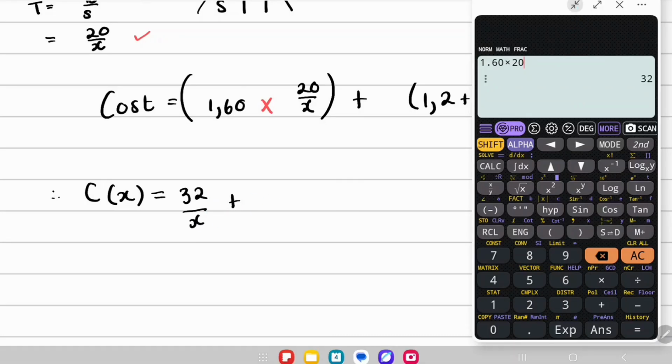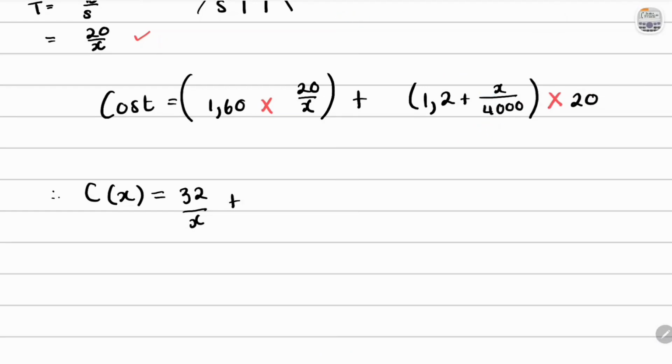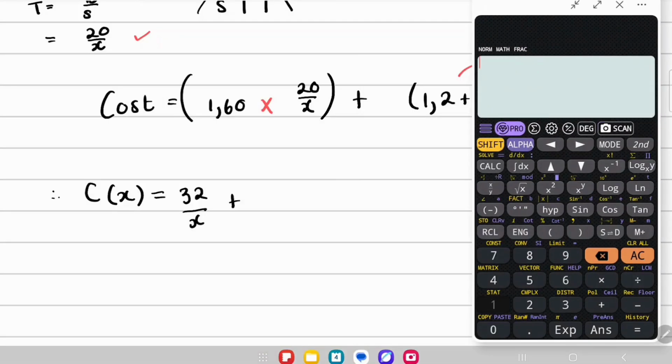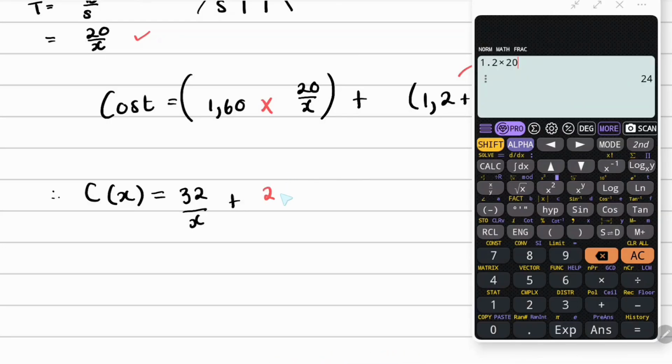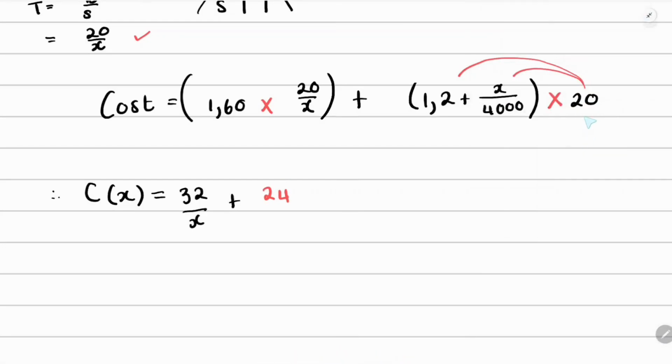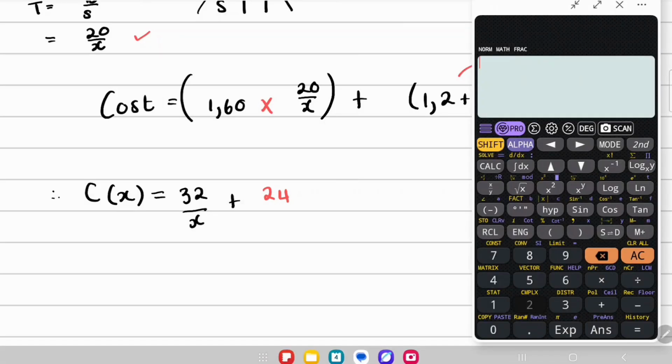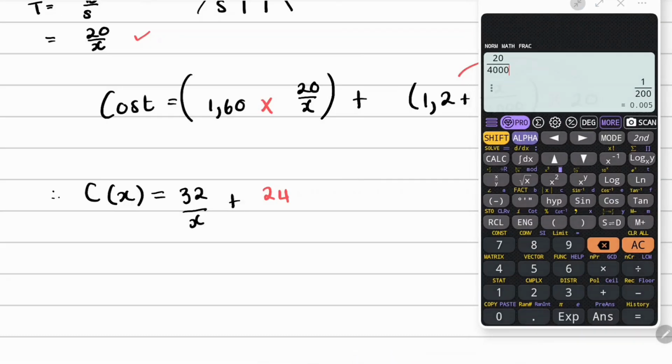And then plus, and we're adding here. So this is 2 terms that you have multiplied by 1 term, so you need to FOIL out. So those will multiply in, and we're saying, what is 1.2 times 20? And that is 24. So that just gives us 24. And then 20 times x over 4,000. 20 over 4,000, and that is 1 over 200.